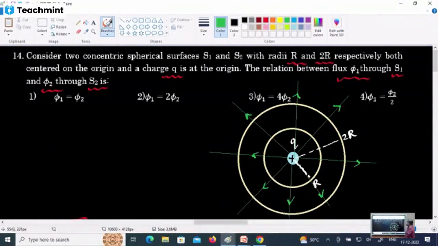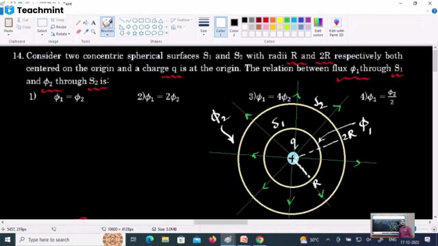Inner sphere's surface name is S1, outer sphere surface name is S2. What is the flux? Electric flux phi1 passes through one, electric flux phi2 through the other.